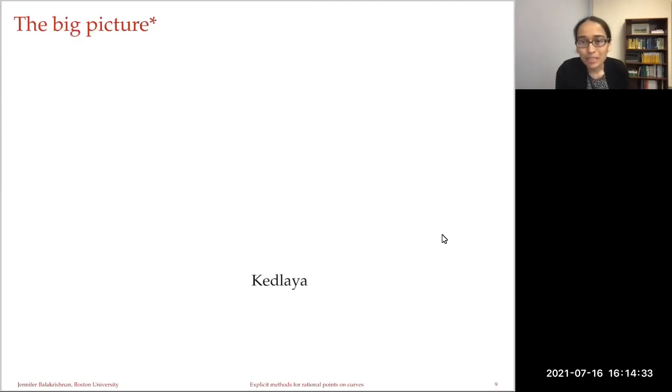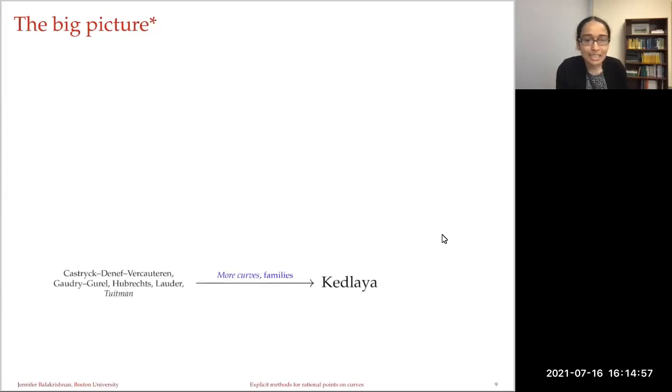So here is a big picture tying together the different directions in which we might hope to extend Kedlaya's work. In the beginning, there was Kedlaya, and Kedlaya told us how to compute zeta functions of hyperelliptic curves over finite fields using Monsky-Washnitzer cohomology. This was then extended by a number of people interested in looking at other curves or families of curves.